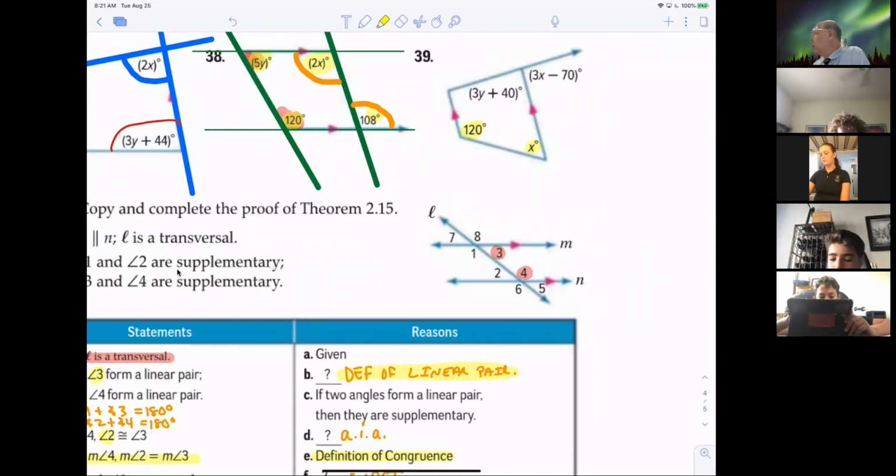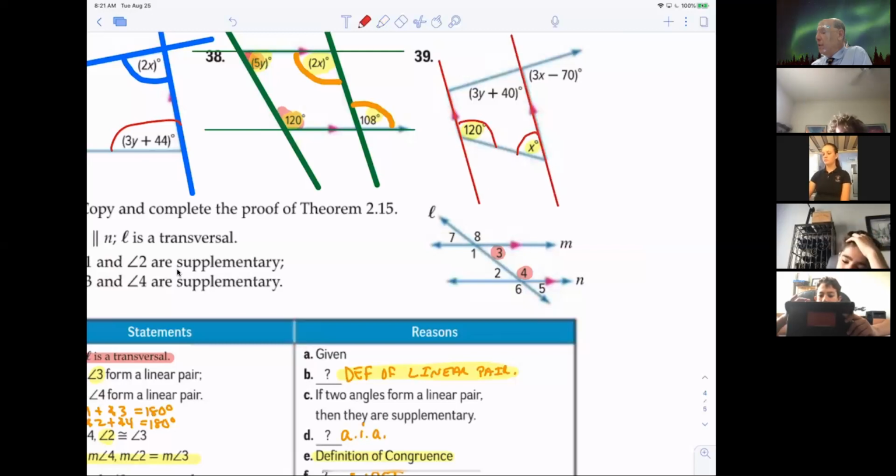What? 60. Why is it 60? Because these are consecutive interior angles, so they have to add up to 180. Now, once again, I hope you understand what I'm saying. To me, it was easier when I was doing these problems, if I didn't see something, to just go ahead and extend the lines, right?